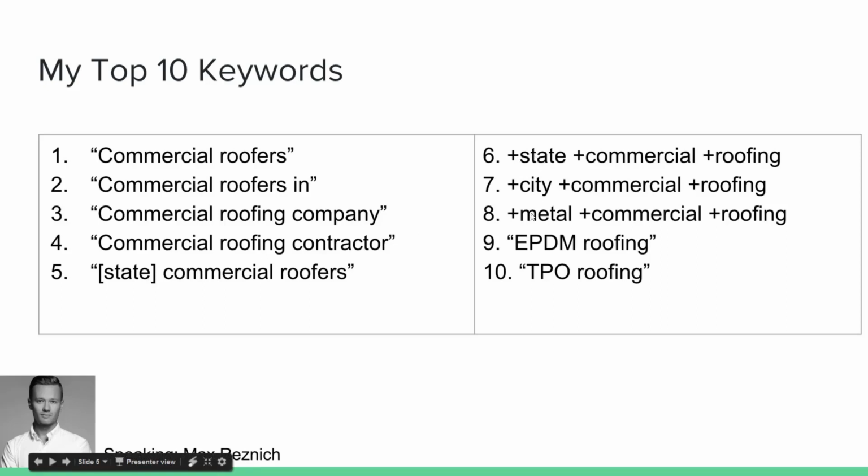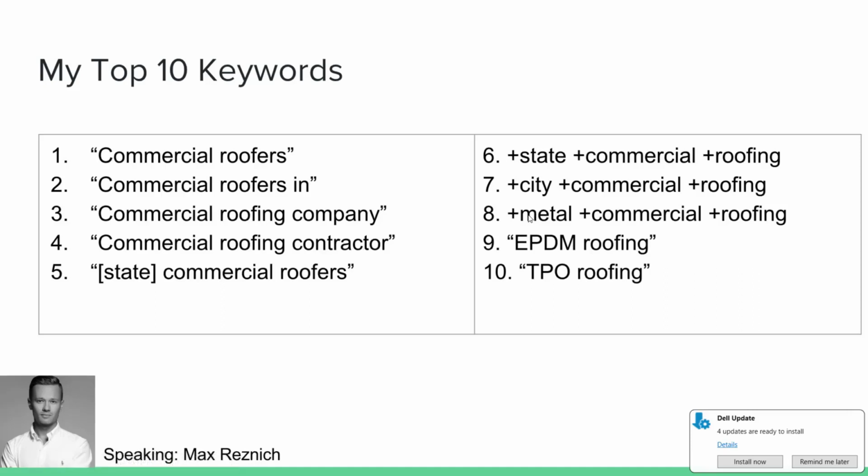So these three with the little plus signs, this is just another different variant of basically telling AdWords, hey, if somebody searches for anything with these three words, right, Ohio commercial roofing or Cincinnati commercial roofing, whether that's Cincinnati Commercial Roofing Company or highest rated commercial roofing company in Cincinnati, no matter what it is, as long as these three are in that search term, your ad will show. So these are really cool to kind of capture the random searches that people type in that we can't always predict.